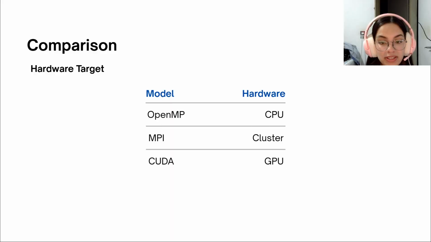Now, each model is designed for a specific type of hardware. OpenMP is used on normal CPUs. MPI is typically used in clusters or distributed systems, and CUDA is used on GPUs.